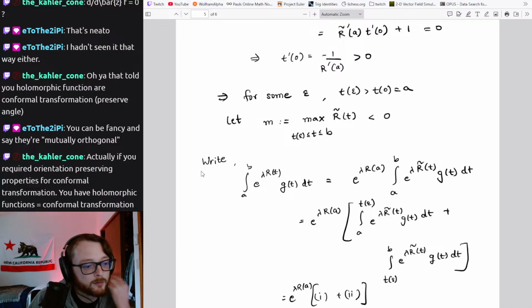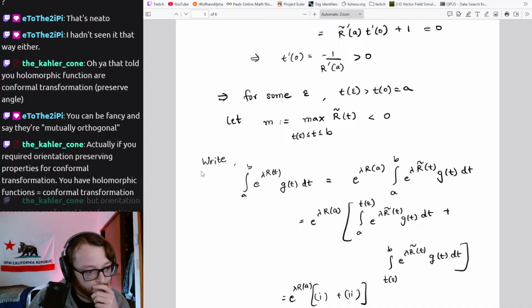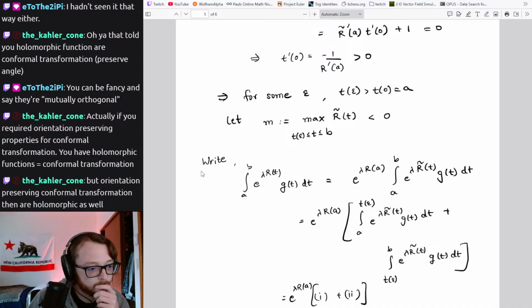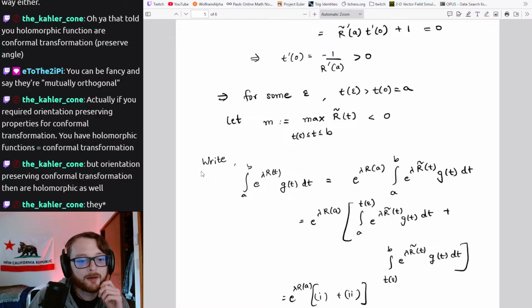Huh. Weird, because I was thinking of how the Mobius transform has the one point where it's not analytic, but I don't know if that preserves orientation though.